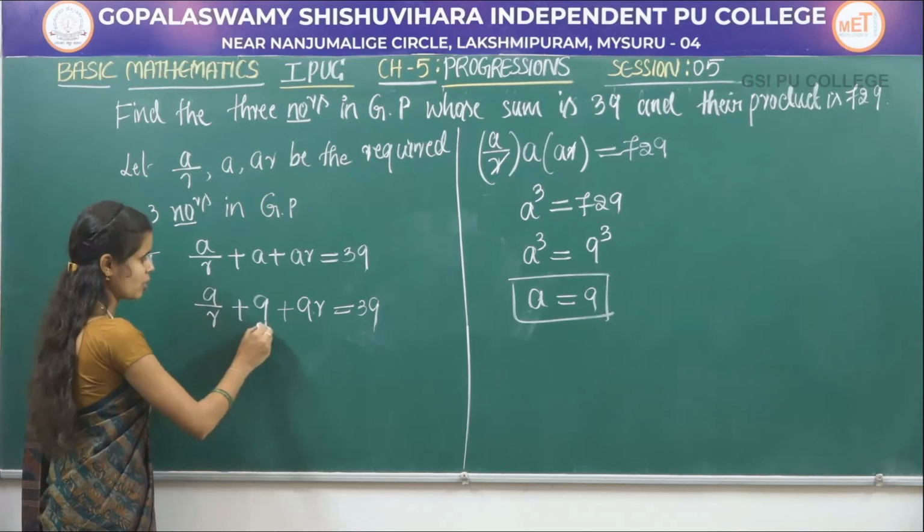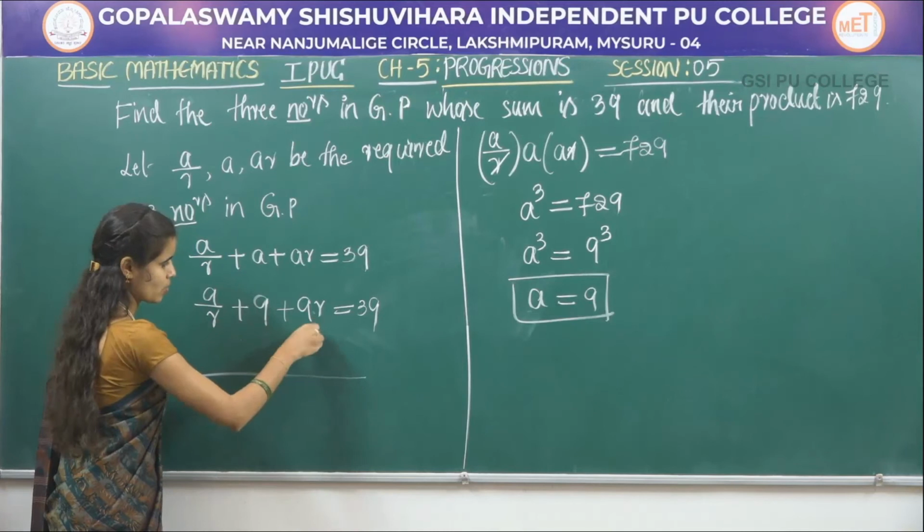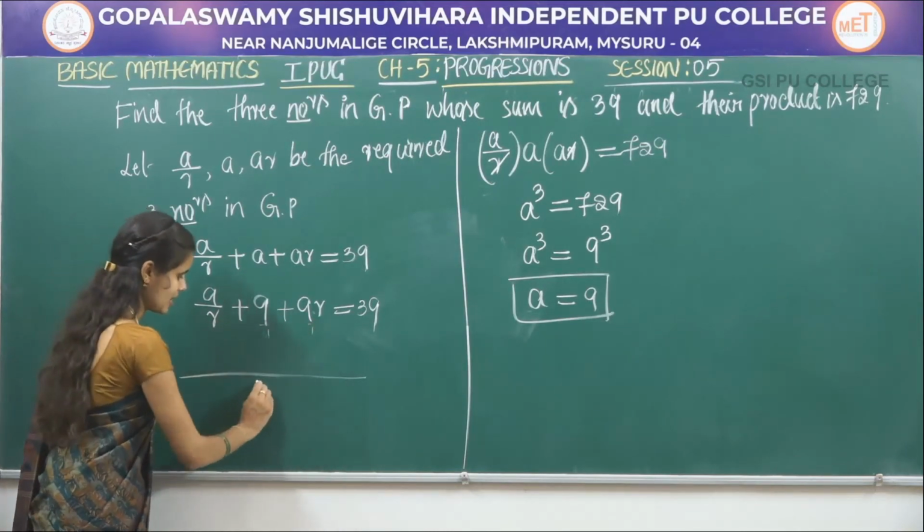Add these three terms. Here we have a fraction, therefore find the LCM of the denominators. Here the denominator is 1, here also the denominator is 1, and the LCM with r is r.